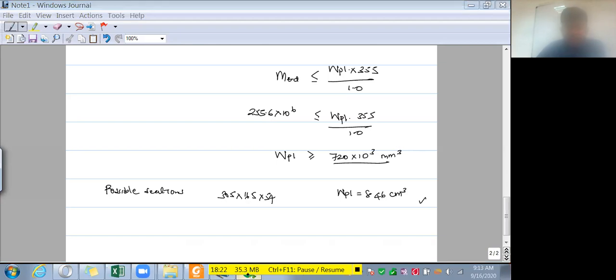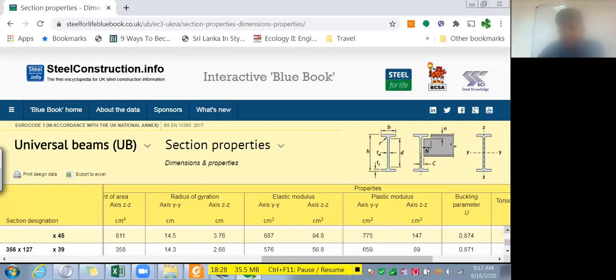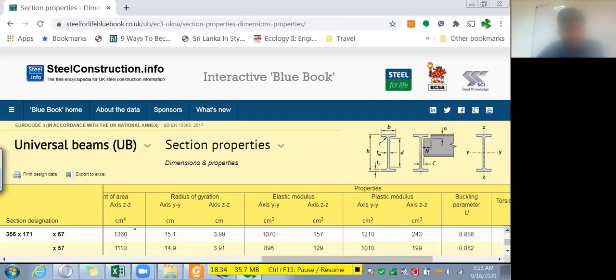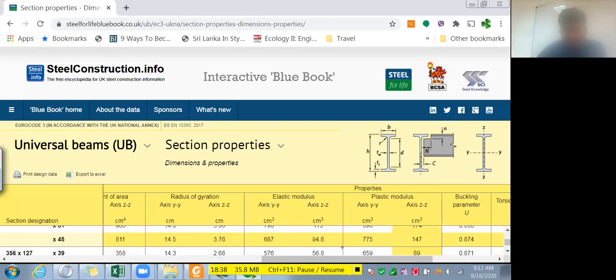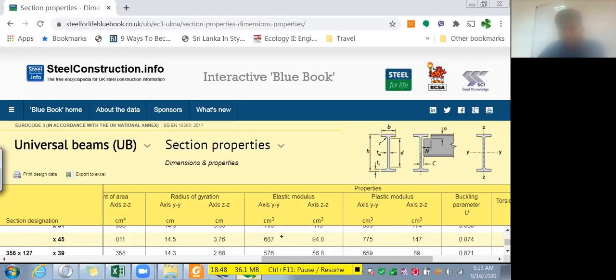But we should not settle with the first option. We need to see whether there is any lightweight one. Okay, there is another one, 775, which is 356 171 45. So that is another option, 775.